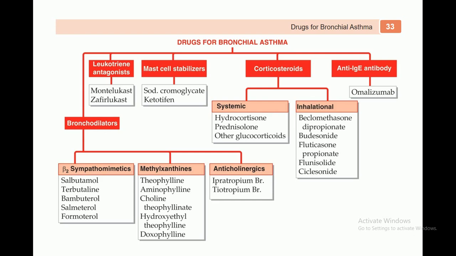All these are the drugs used in the management, or you can treat a patient with the help of these agents. So beta-2 sympathomimetics are salbutamol, terbutaline, bambuterol, salmeterol, and formoterol.